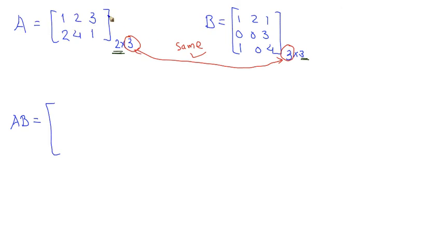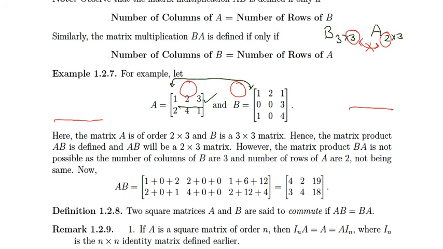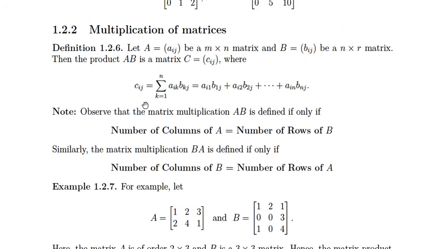So A_i1 and B_1j, then A_i2 and B_2j, the second entry and then the column. This is how we multiply.